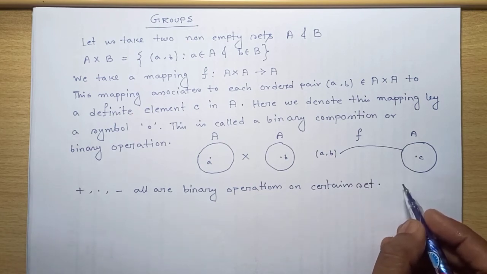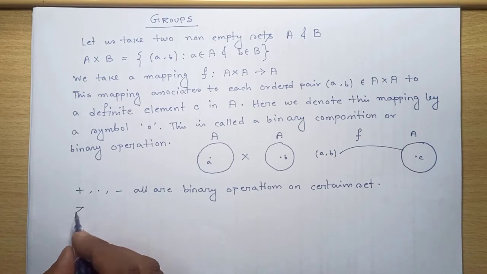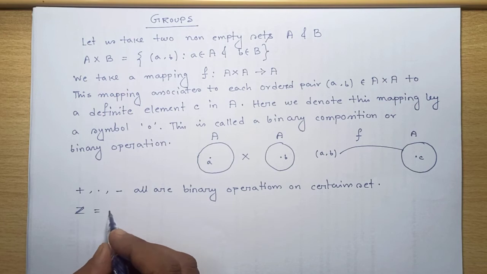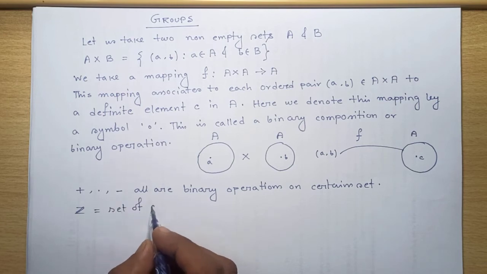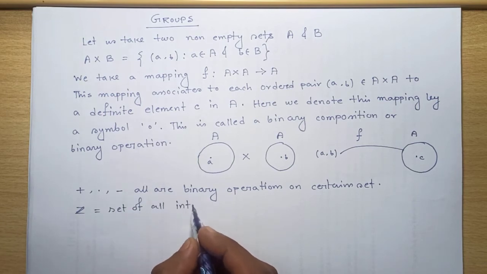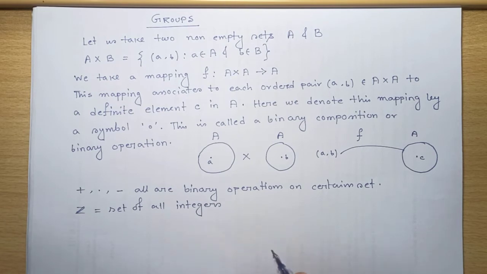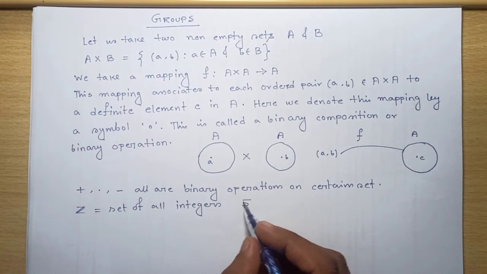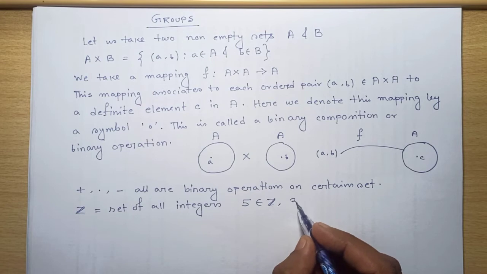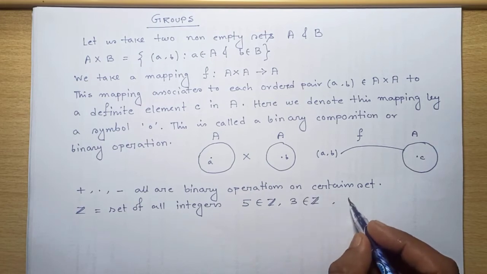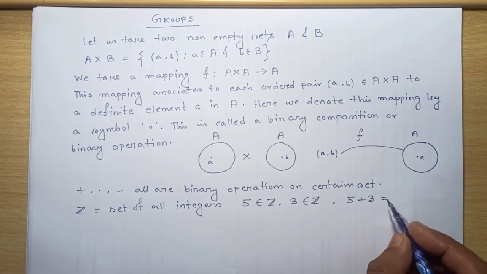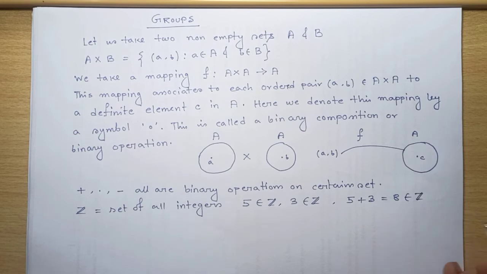Recall that if we take the set Z, the set of all integers, then observe that 5 belongs to Z, 3 belongs to Z, and 5 plus 3 equals 8, which is also an element of Z.